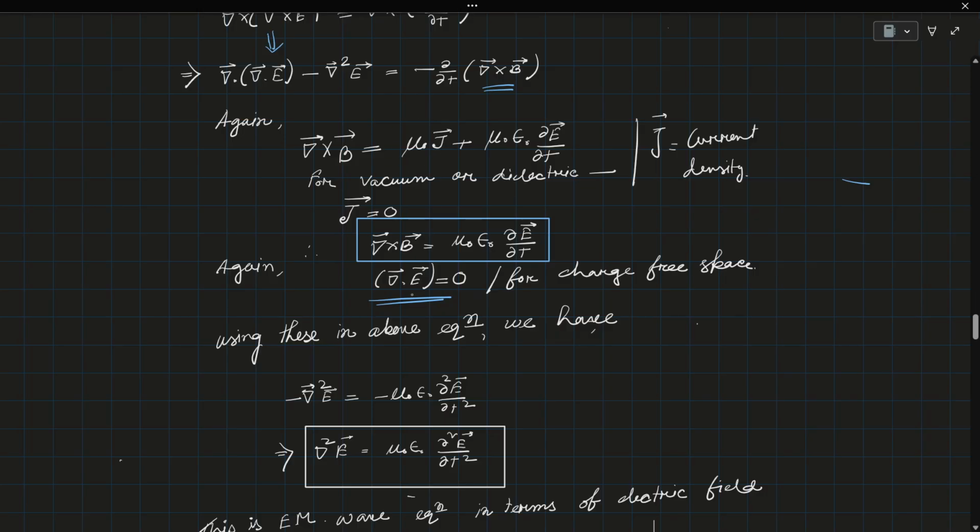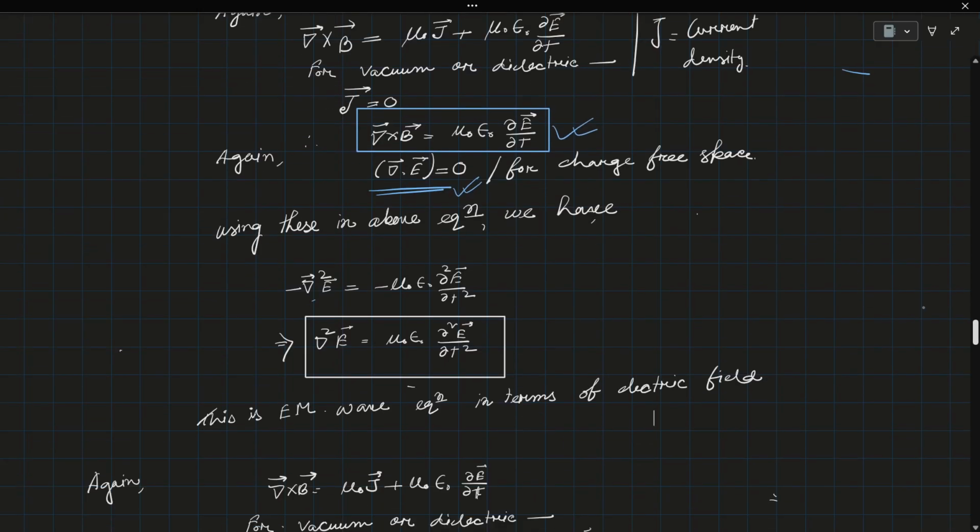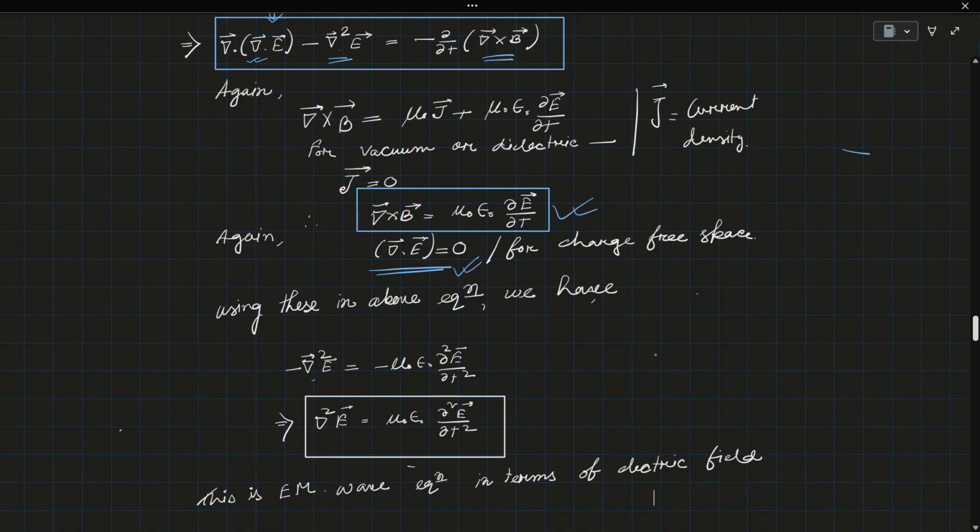So putting this equation and this equation into this equation, del dot E equals 0 obviously, so this term will be removed and only this term will be there. I have written this term here, and del cross B equals mu naught epsilon naught del E by del t. Let me explain it here; I have written it in shortcut there.